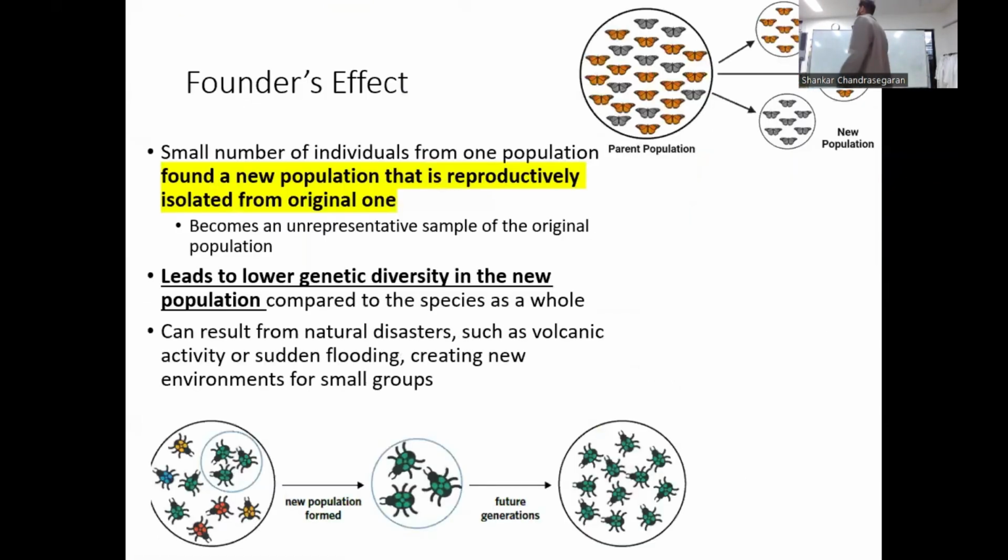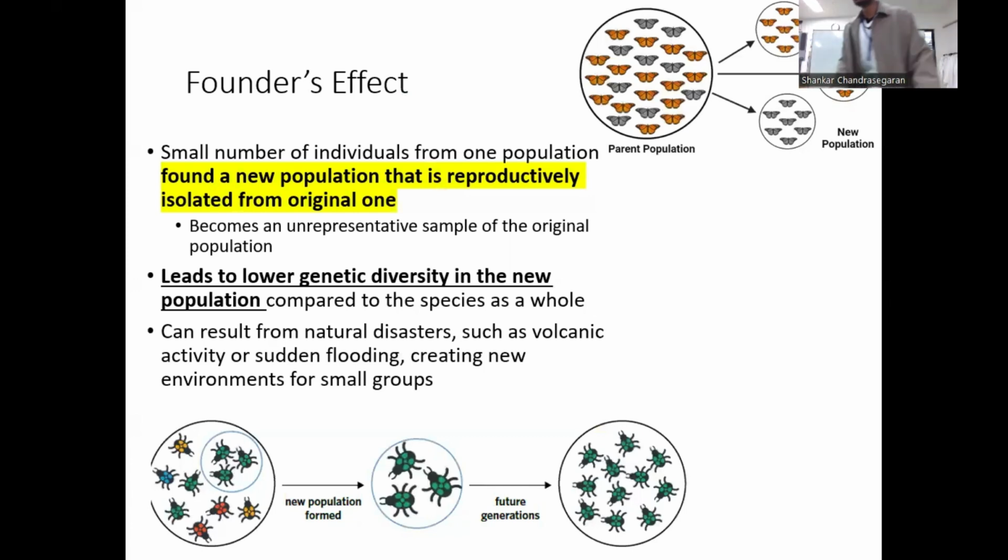With a founder effect, however, a small number of individuals from one population start their own population separate from the original population. So this is your parent population. It has orange and gray butterflies. Suddenly, a few of these butterflies separate from the original population and make up a new population themselves.